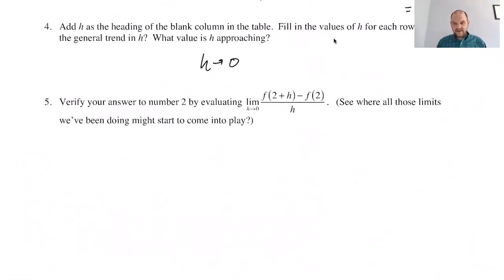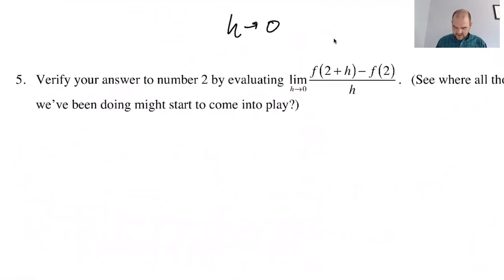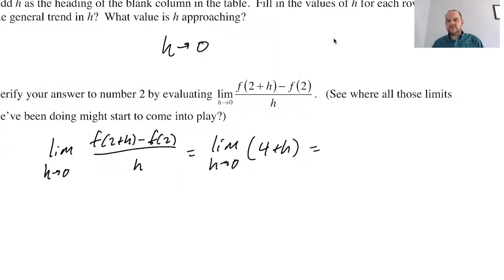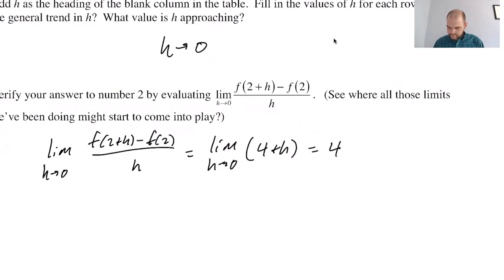So if we were to evaluate the limit as h approaches 0 of f of 2 plus h minus f of 2 over h, that's the same as, because we already did the algebra, the limit as h approaches 0 of quantity 4 plus h, which is a continuous function. You can evaluate the limit just by substitution, because the limit equals the value of the function, because that's the definition of continuous, is 4.